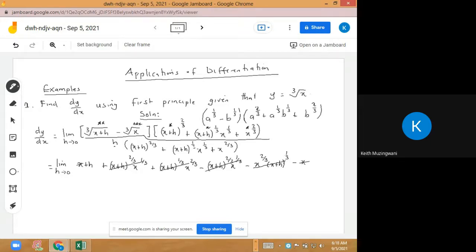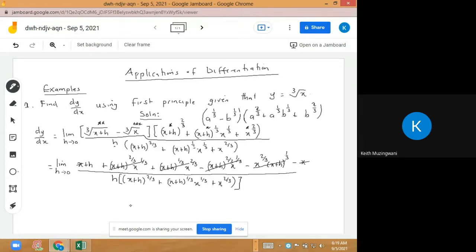So we remain with h, so that when we bring the denominator, we'll have h times x to the power 2 over 3 plus x plus h to the power 1 over 3 times x to the power 1 over 3 plus x to the power 2 over 3.